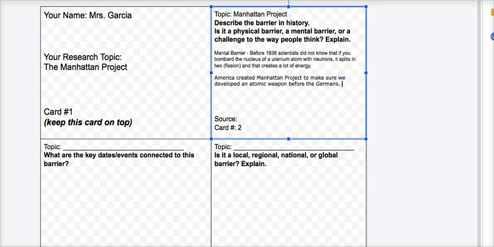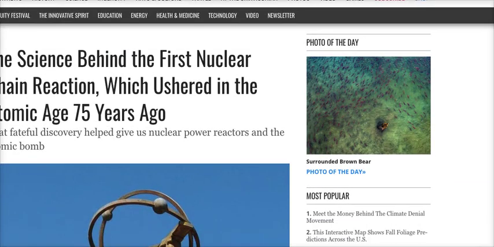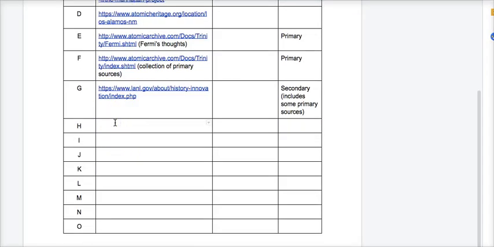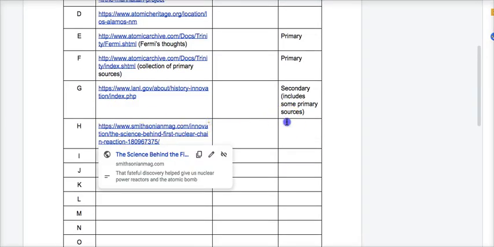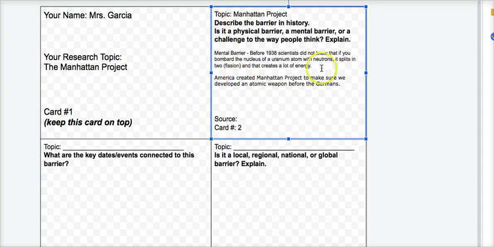So let's go to this source. This was my Smithsonian Magazine source. I'm going to copy the link and I'm going to paste it into my source collection document. It is a secondary source and it sorts H. So I'm going to go back to my card, and after this information I'm going to put H in parentheses because I have information from two different sources.